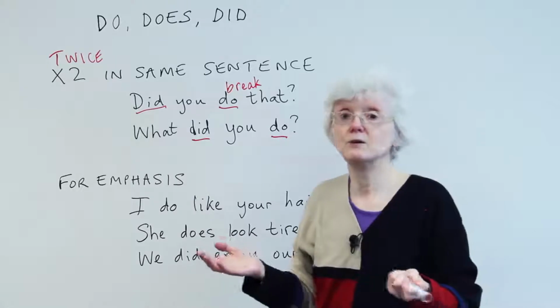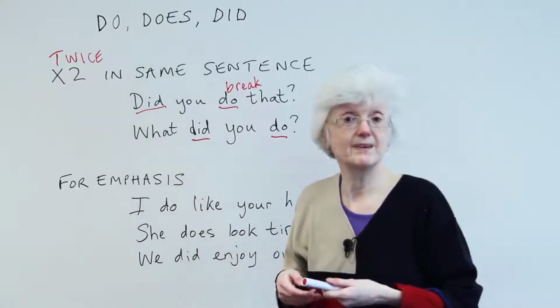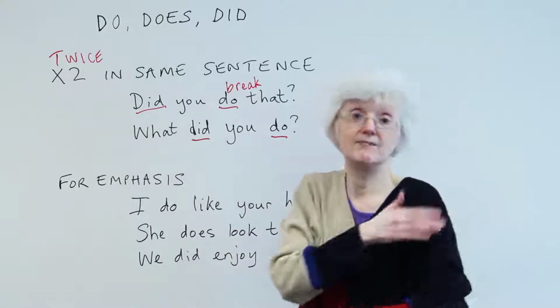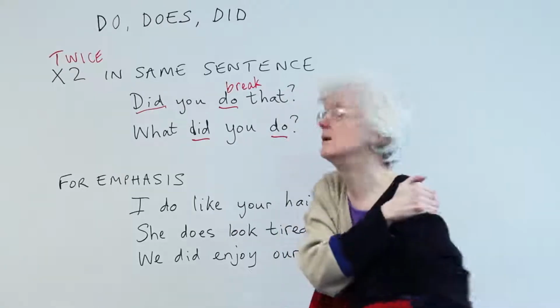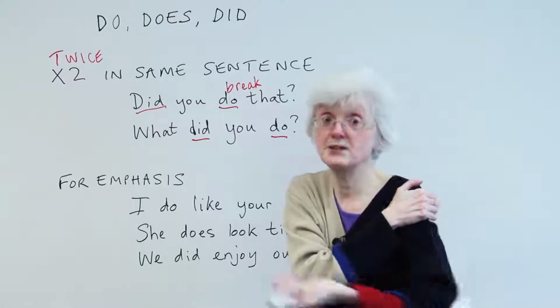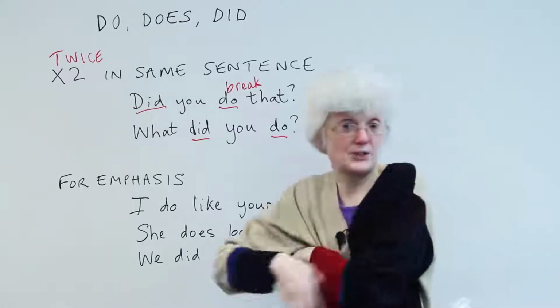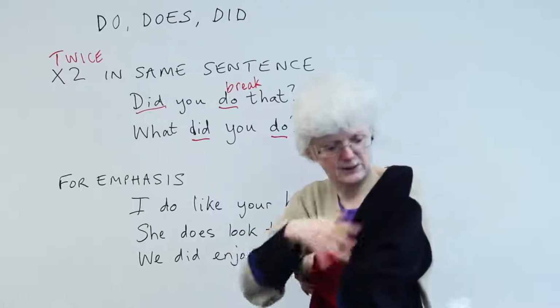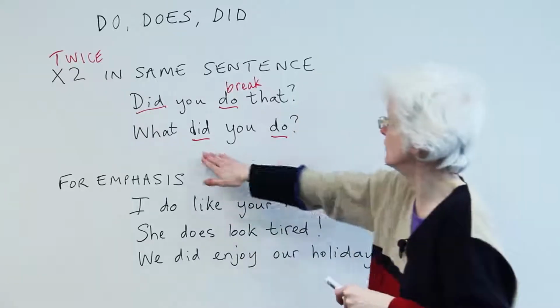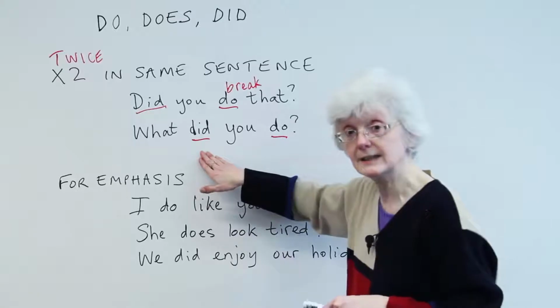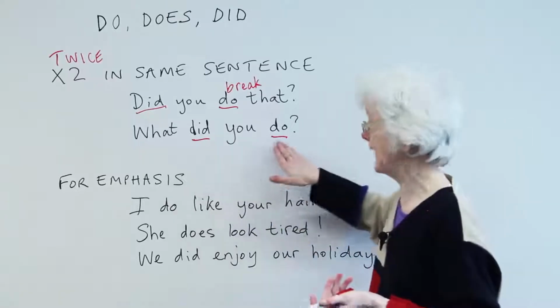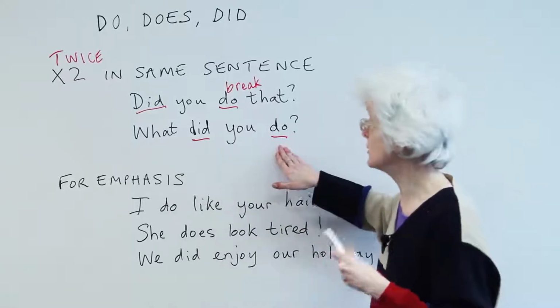And they say, somebody knocked me over and I fell on my arm and it broke. The bone is broken. So you didn't do it, somebody else did. But people still say, what did you do to cause that? So what did you do? Past tense, auxiliary, and main verb, to do.